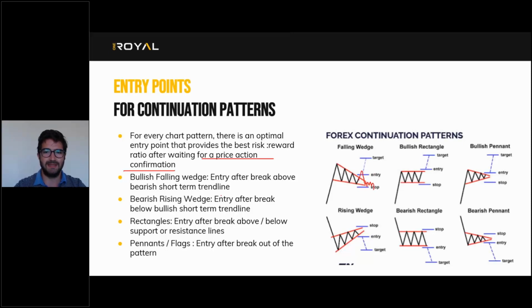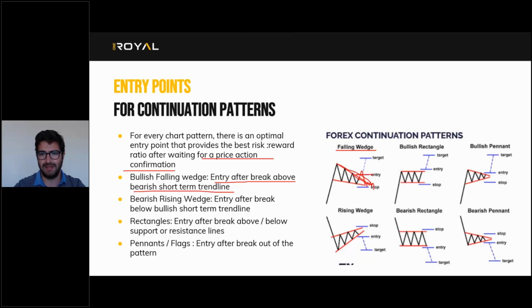The best place to enter a bullish falling wedge, the first pattern, which is this one here, is entry after a break above the bearish short-term trend line. So if you see a breakout here and then a move a little bit above it, then consider an entry above this trend line.